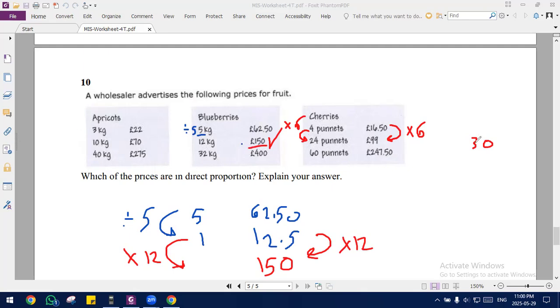So we write 0, I carry 3. 6 by 6, 36, and the 3, 39. So eliminate 9, carry 3. 6 by 1 is 6 plus 3, 9. So I got 99. Is it here the same, 99? Yes. So we say that they are in direct proportion.